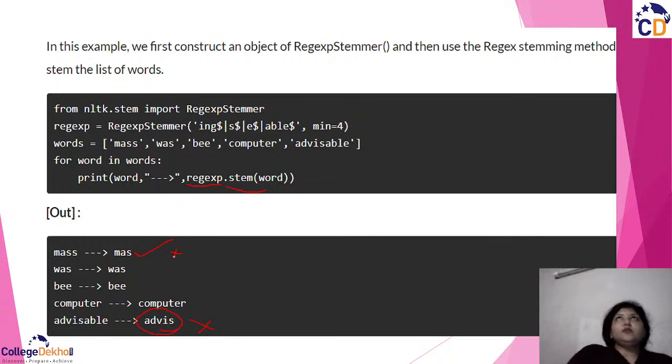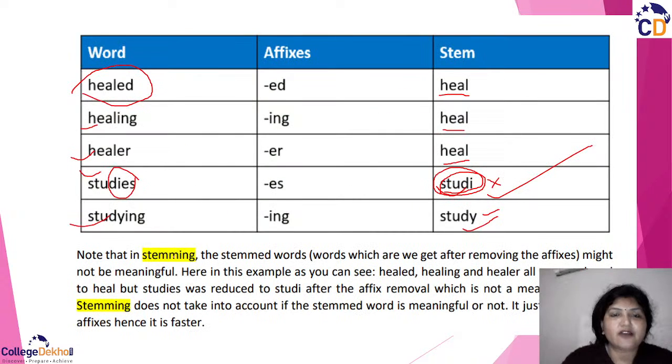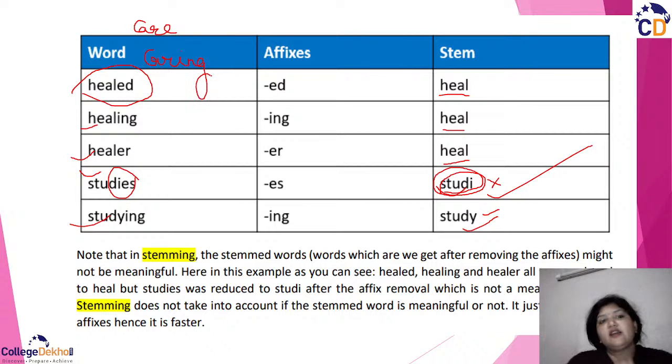So let us take some more examples. In this particular slide we have healed or healing, car, or you may say care, or caring. Let me tell you the difference of both the things.